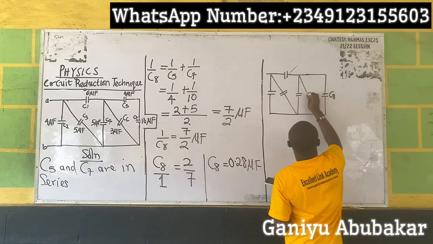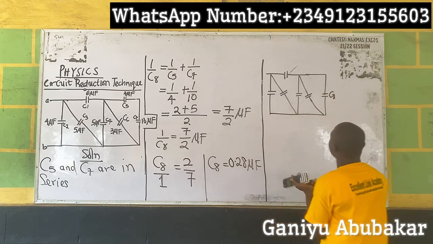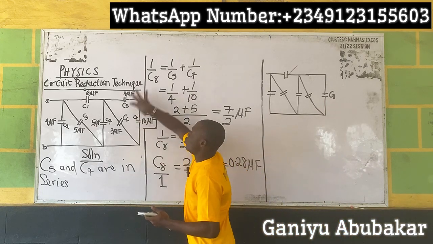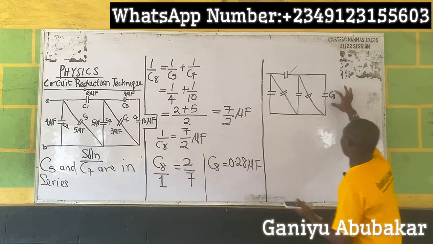After combining these two, they leave, and then C8 appears at this point here.